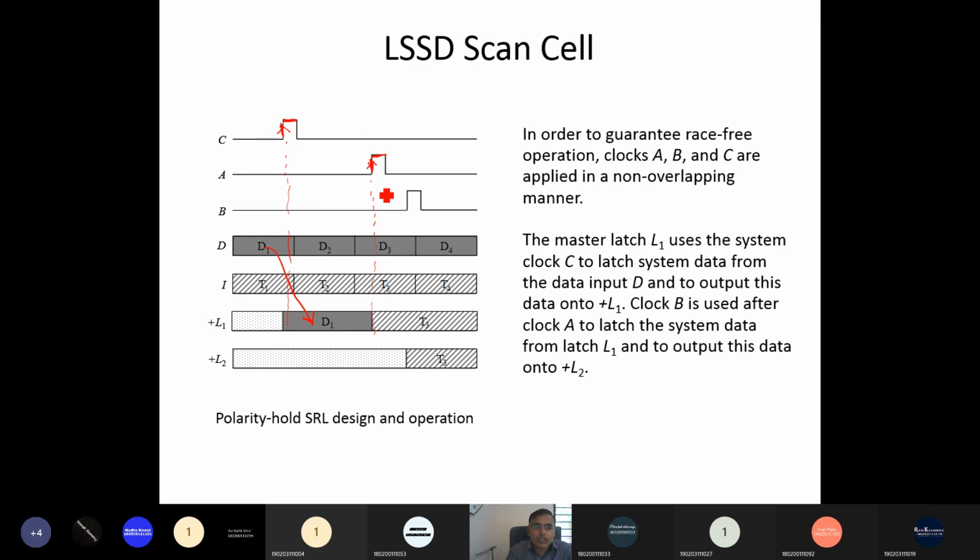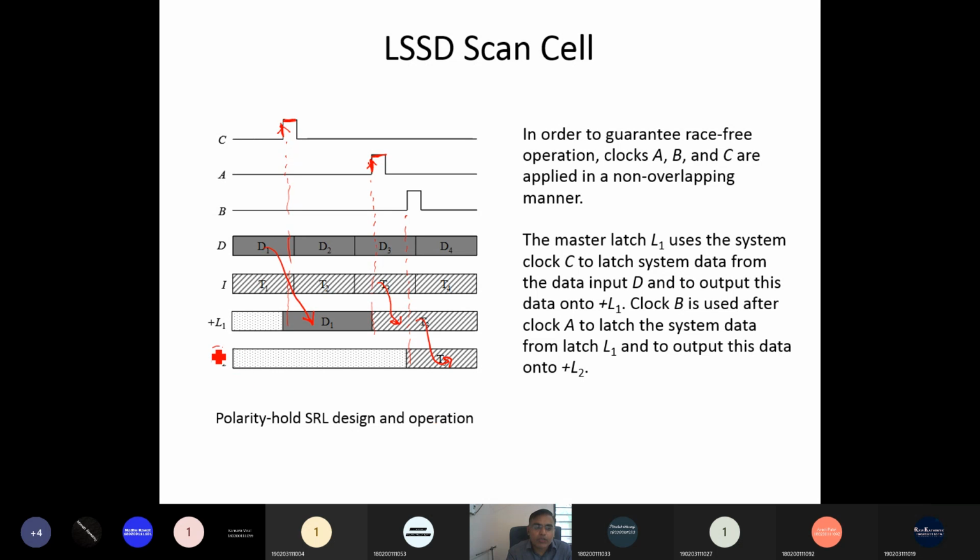So when A is equal to high, whatever is in this I is transferred into the output. And when B is equal to high, the L1 is transferred into the output. So L1 is transferred into the output L2 when B is equal to high.